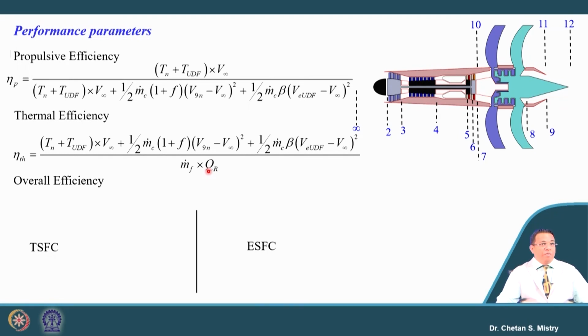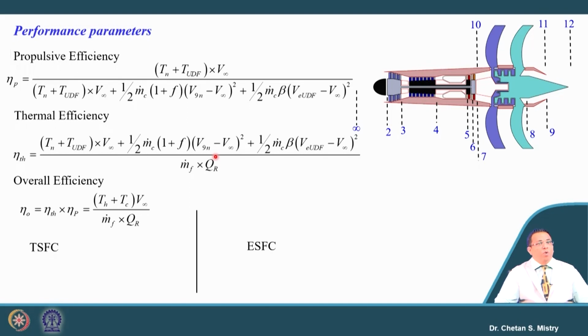Be careful: when we are discussing engines for aircraft applications, we are more interested in thrust, so all this formulation comes in terms of thrust. But when we were discussing shaft engines, we were discussing in terms of shaft power. So, do not get confused with this kind of formula here.